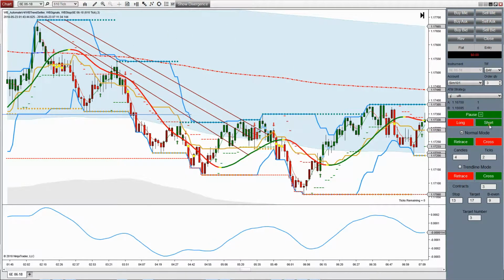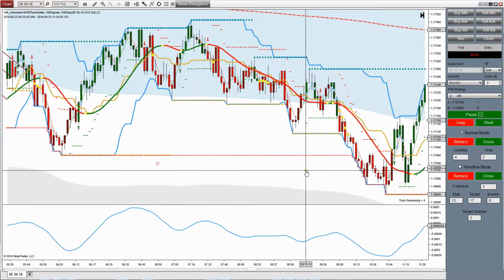All you got to do is turn on the short and then press this retrace signal, and it will just trade whenever the new short sets up at this dot sign. The other way of trading it would be on the cross, meaning that when it crosses the stop line.